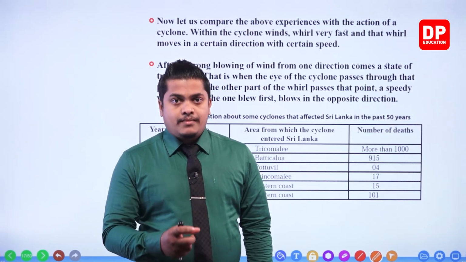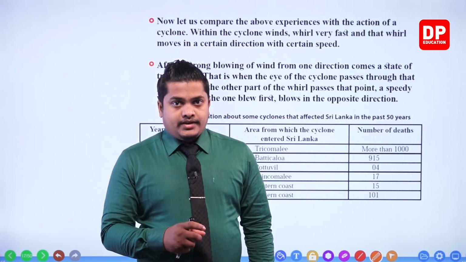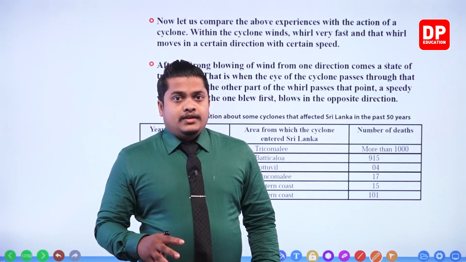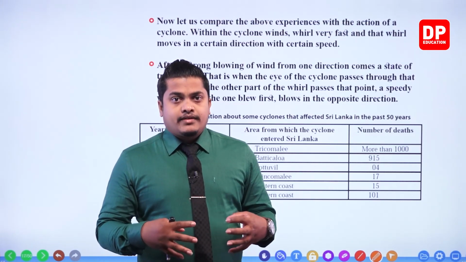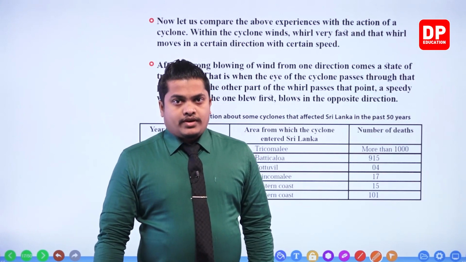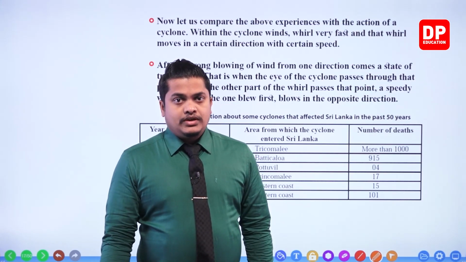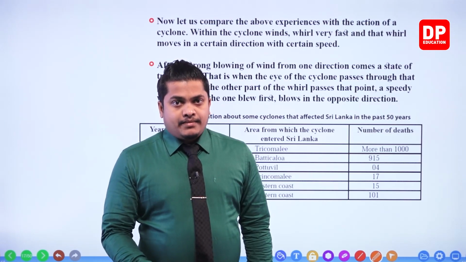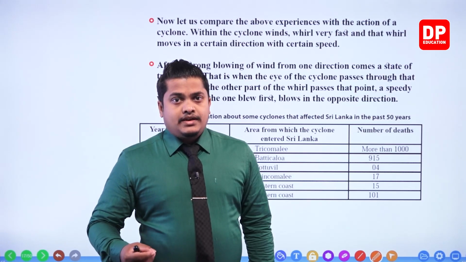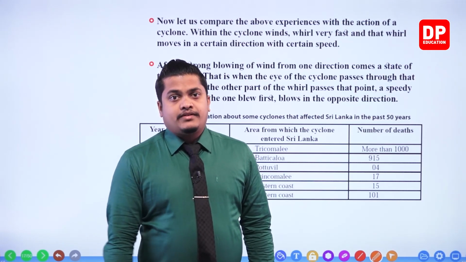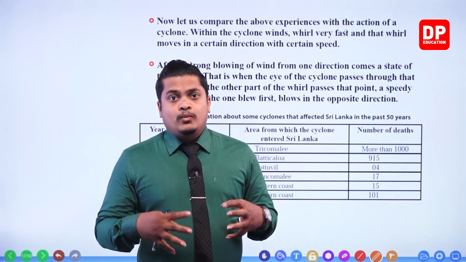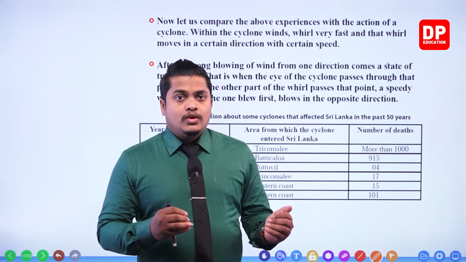Now, the eye is a calm area, which means that over there the winds and the rain are very little. So it keeps rotating and travels through a certain area. Then, my dear children, when traveling through a certain area, what will happen? It will create winds and also heavy rains.